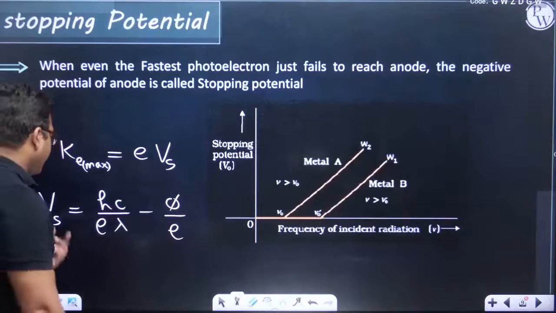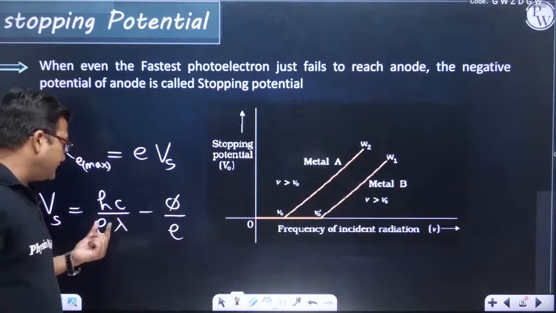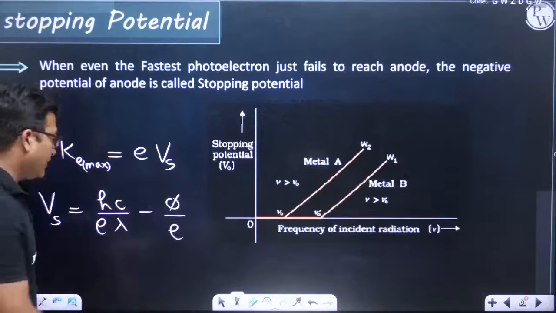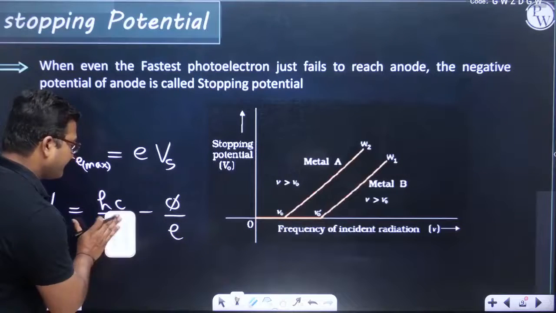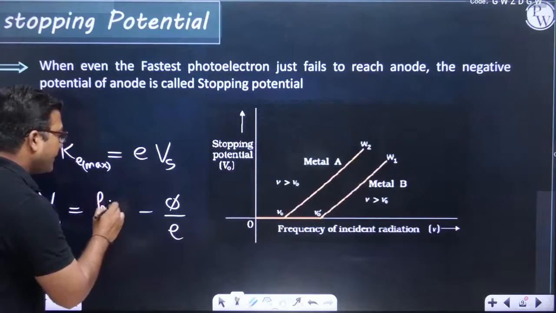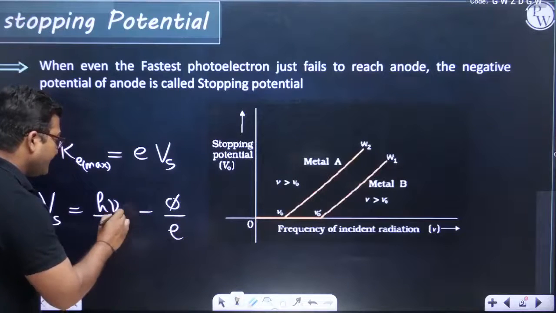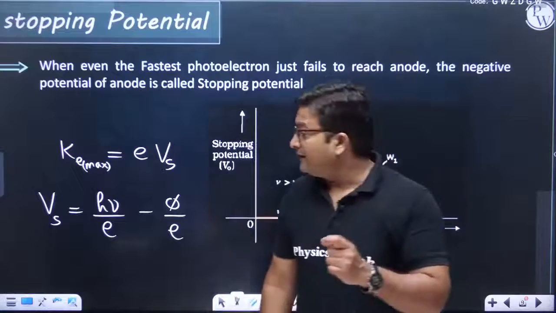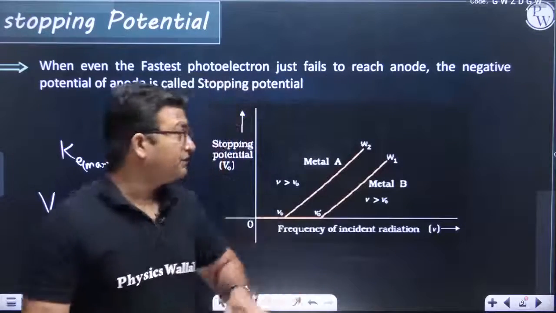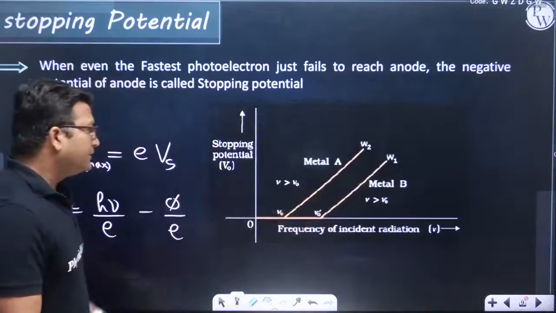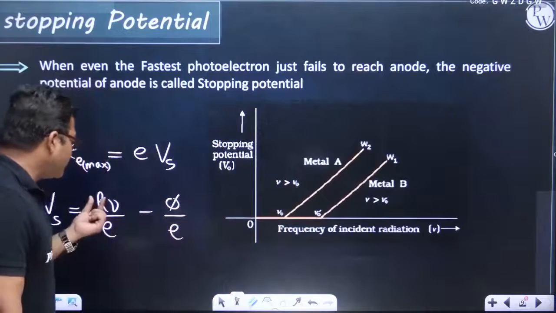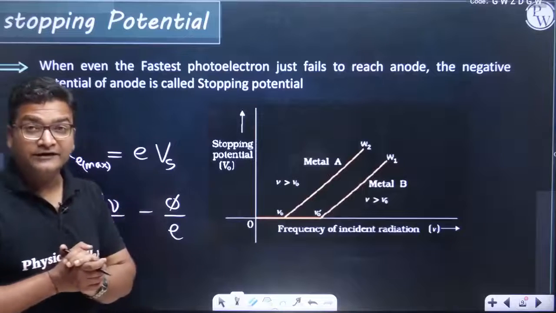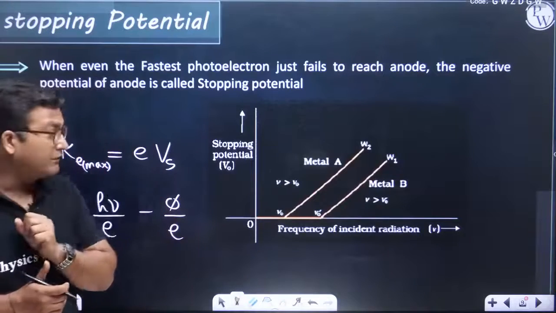And you can again see the stopping potential versus 1 over lambda is a straight line curve, or if you replace hc by lambda with h nu, the stopping potential versus frequency is again a straight line curve as shown in the figure. But here the slope is h by e, and h upon e is a universal constant.